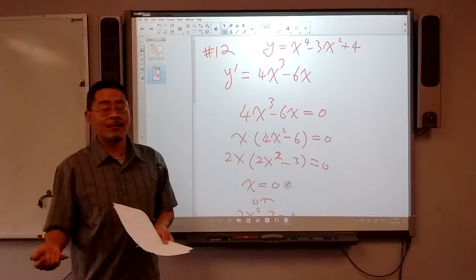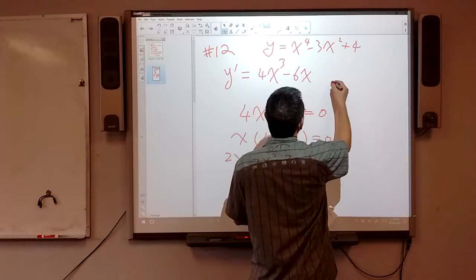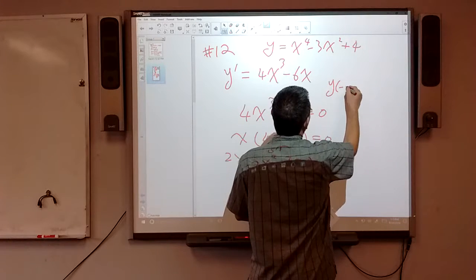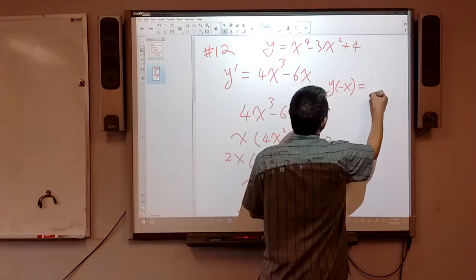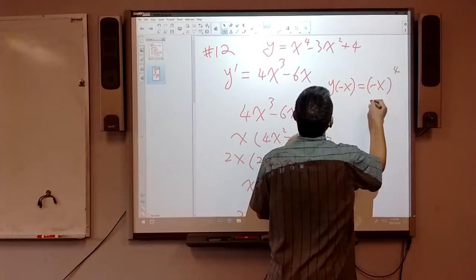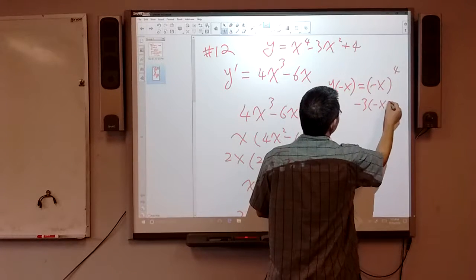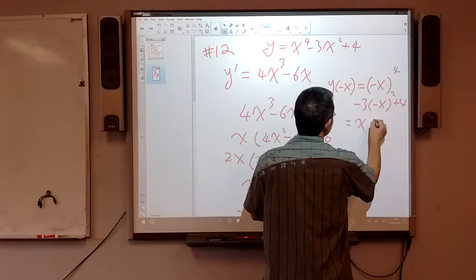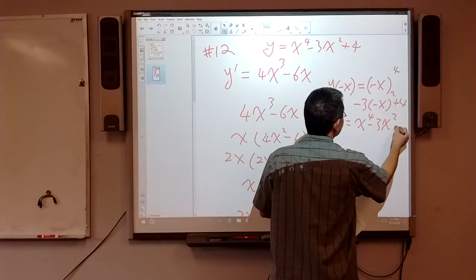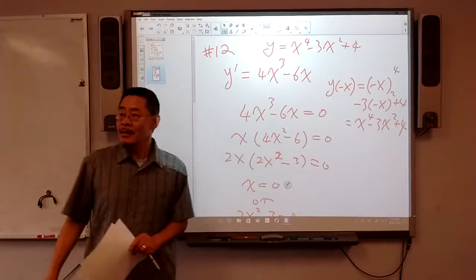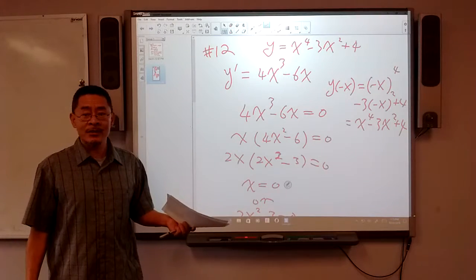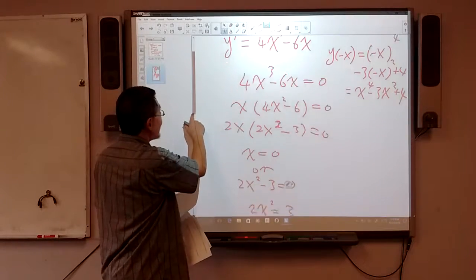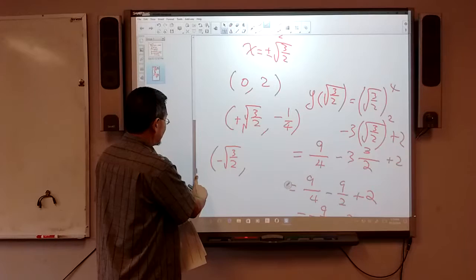Or you can use this: remember, we put minus x in there, minus x to the fourth, minus 3 times minus x squared, plus 2. We end up with exactly the same thing, right? So therefore it's an even function. Because it's an even function, we don't have to go through this process again, right?